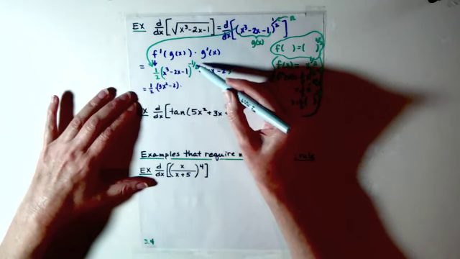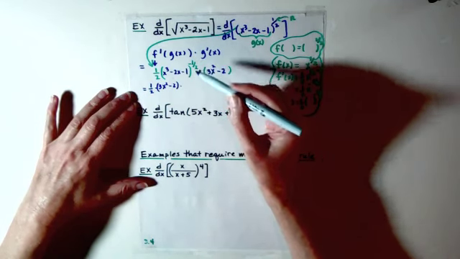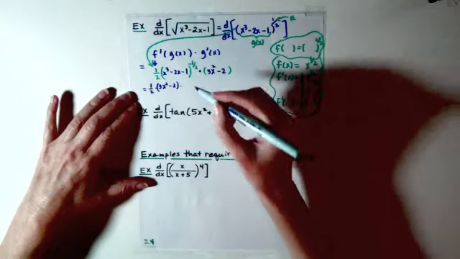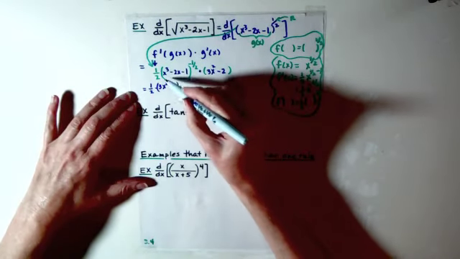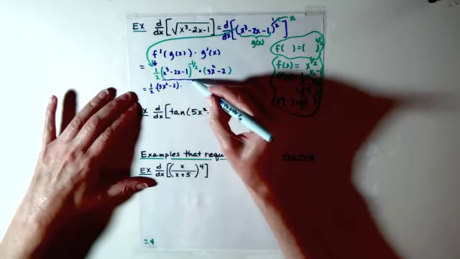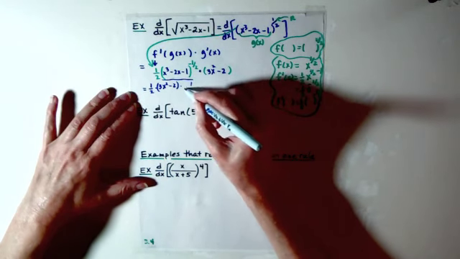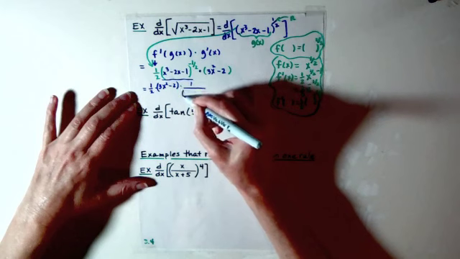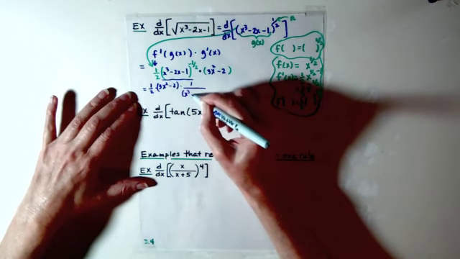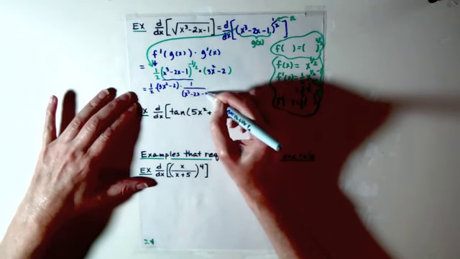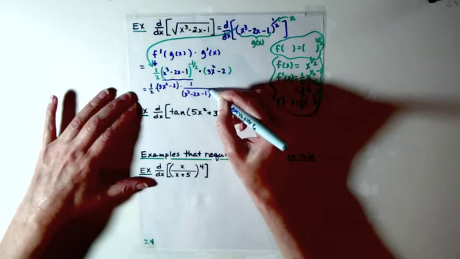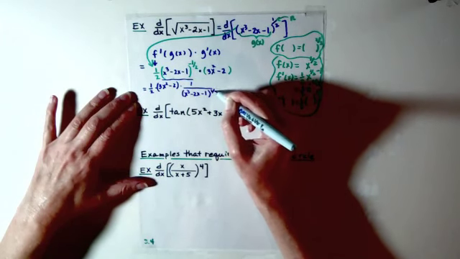My final answer shouldn't include any negative exponents, so I want to rewrite it as an equivalent expression with a positive exponent. So for this factor, all this stuff raised to the negative 1/2, I want to write that as 1 over all of that stuff, x cubed minus 2x minus 1, but now raised to the positive 1/2 power.